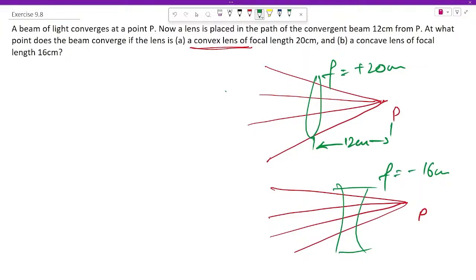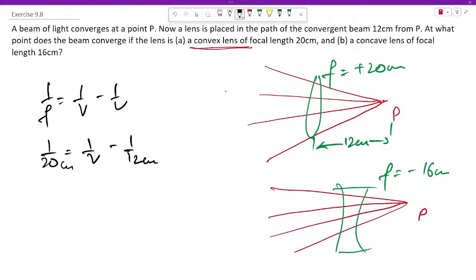So in the first case, we will use the lens formula, that is 1 by f equals to 1 by v minus 1 by u. Here the object is virtual, that is light was coming to that point but now it is obstructed, so it is virtual. So 1 by f, in the convex case, is going to be 1 by 20 equals to 1 by v, we have to find out 1 by v, and u is plus 12 centimeter.